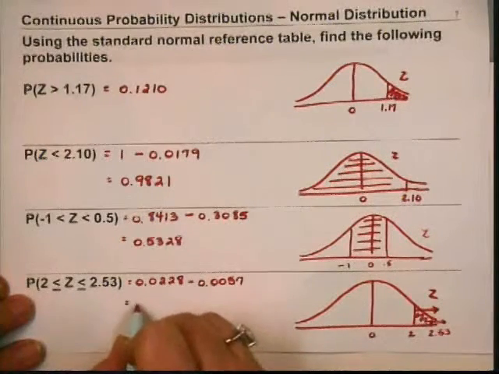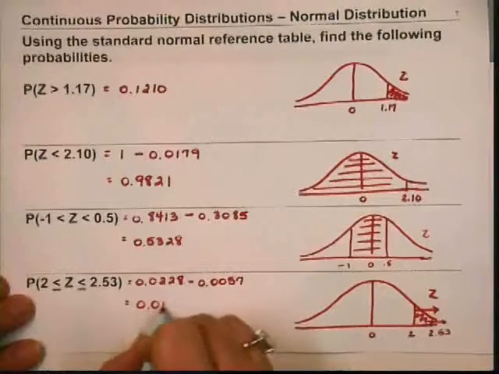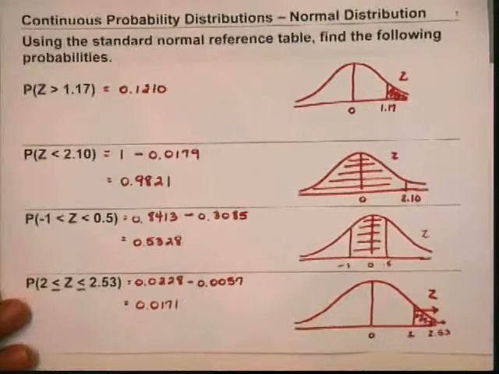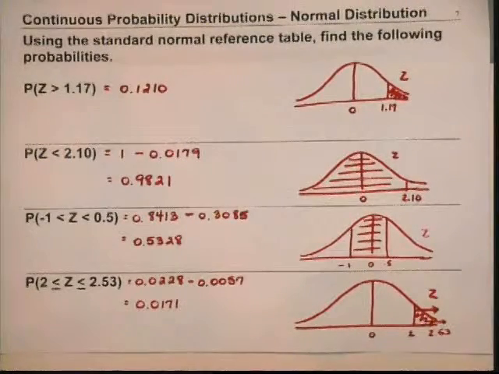And the difference between those then is 0.0171. Everybody comfortable with that? So, yep. Hopefully you get it. So if you're as comfortable as you can say, I know this forwards and backwards, I'm good.